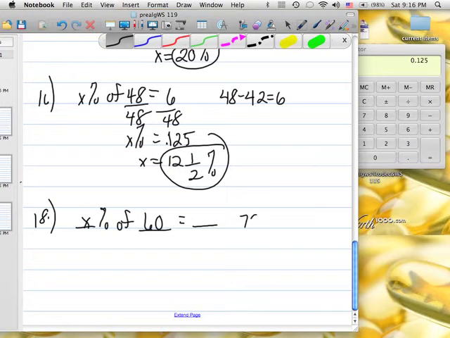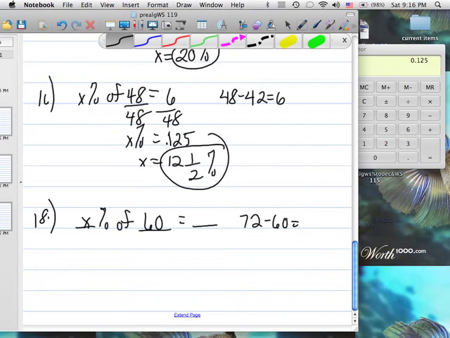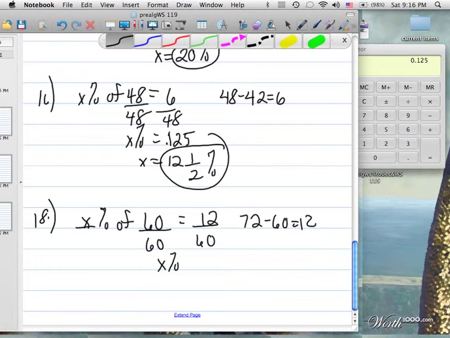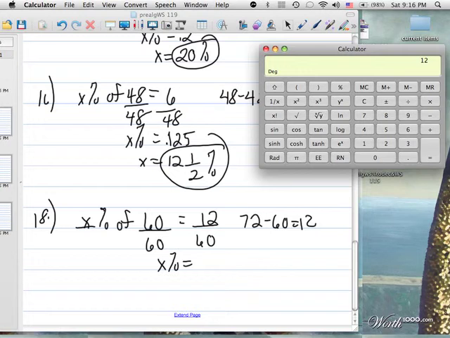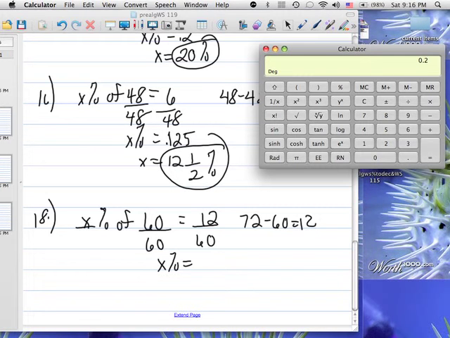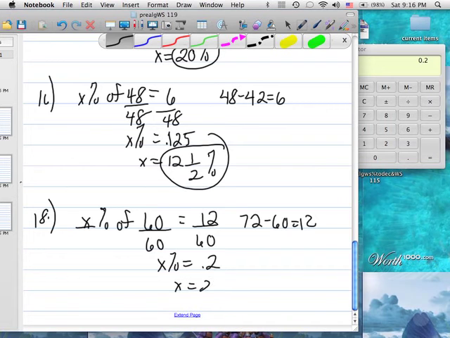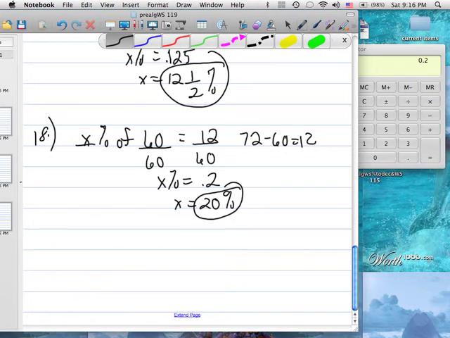So that's an increase of 12. Divide both sides by 60, and we get x percent equals 0.2. So that's 20%, slide it over 2 to the right, increase.